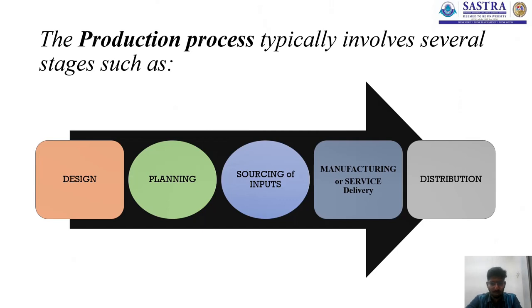Where inputs indicates raw materials, where do we get those raw materials, at what price? So these factors are going to come into the picture, and then manufacturing or service delivery, and then distributing to the respective consumers or the buyers.